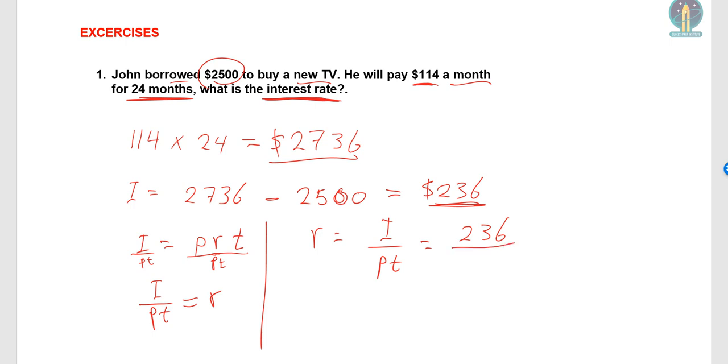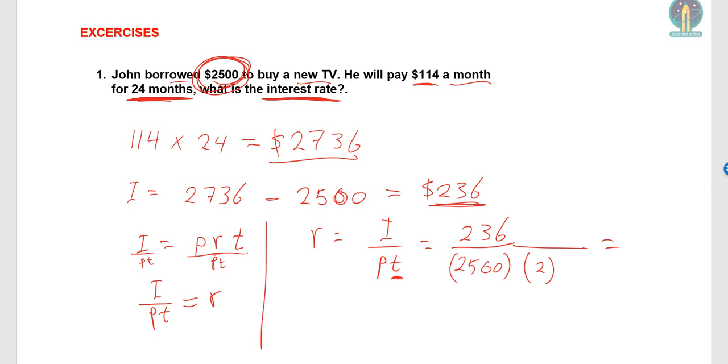If R equals I over PT, that gives us I, which is 236, divided by P, the principal. The principal was 2,500, the initial amount borrowed. And then T in years: 24 months in years is 2 years. Then we can just use the calculator to work this out.